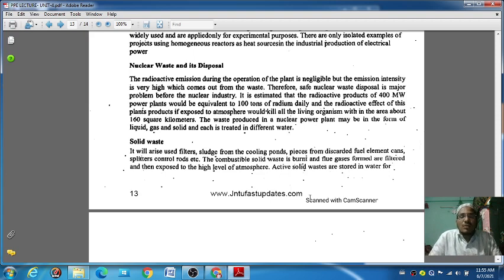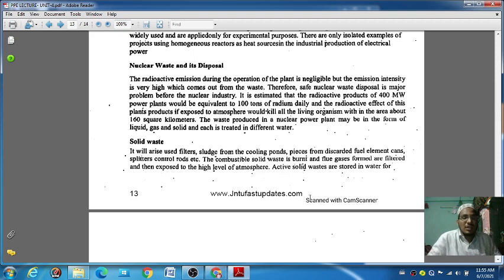Whatever radioactive emission is coming from the reactor side will be exposed in the atmosphere. We can see that if 100 tons of radioactive material comes out from the reactor, it is low compared to the 400 megawatts.